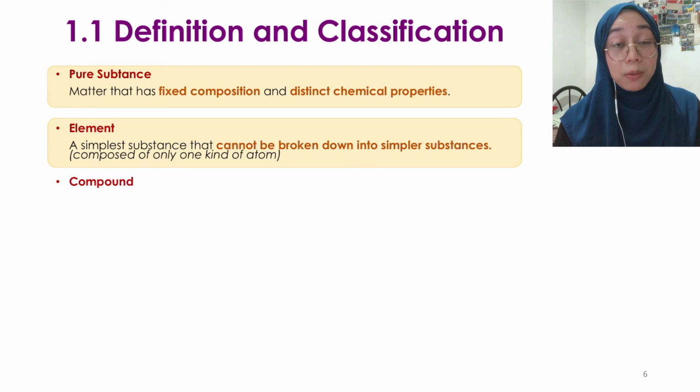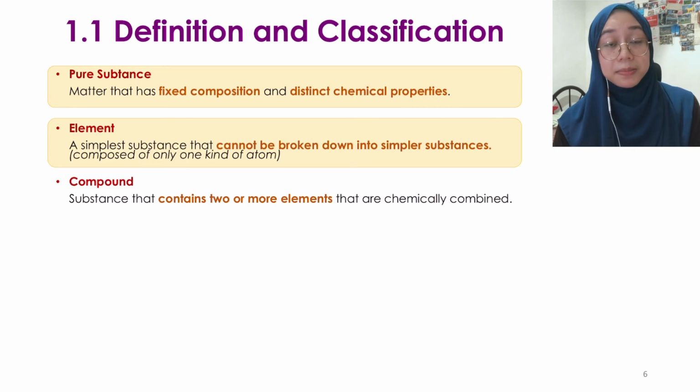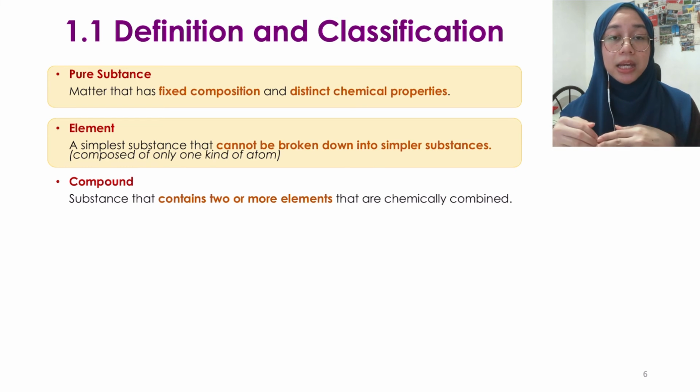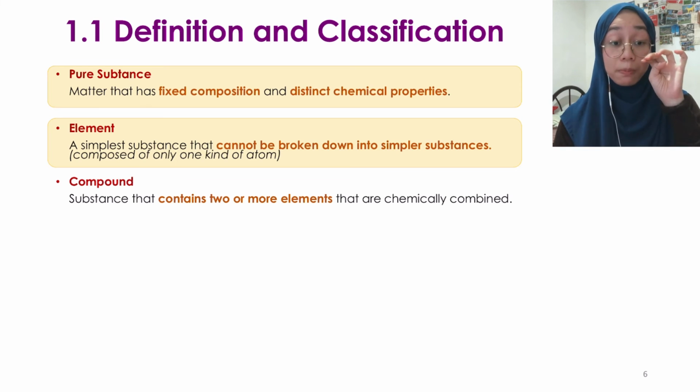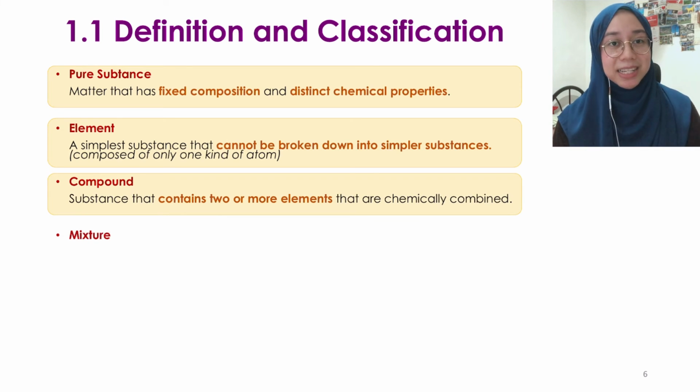And then we also have compound. So compound pula adalah substance that contains two or more elements that are chemically combined. Okay, bila ada two kinds of atoms or more combined together chemically, macam water tadi H2O kan, therefore itu considered sebagai compound. Okay, and then we have mixture.